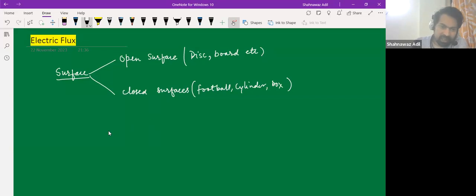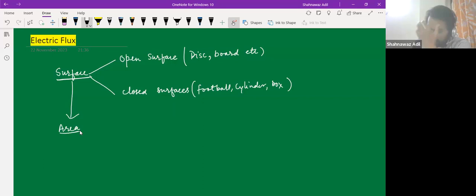So you have these surfaces. For the surfaces, we talk about area, right? And area is a scalar quantity or a vector quantity. What kind of quantity is this?